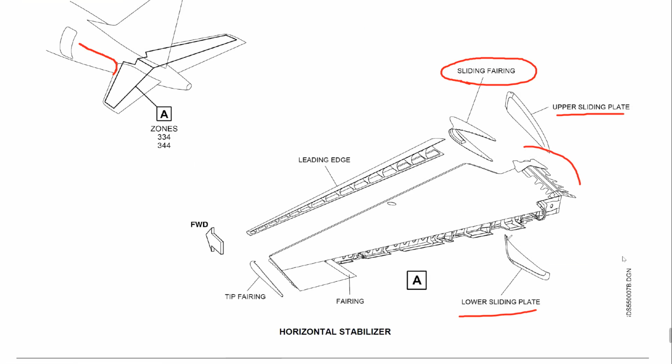They are sliding inside on the inner side of the fuselage. So once again, when the stabilizer is controlled the leading edge up or down direction, the sliding fairing is sliding to provide this aerodynamic here in the front, but the sliding plates are keeping the airflow not to go inside our THS compartment.